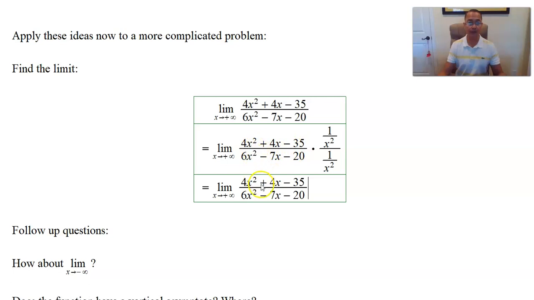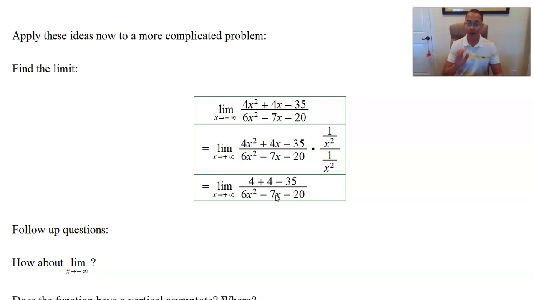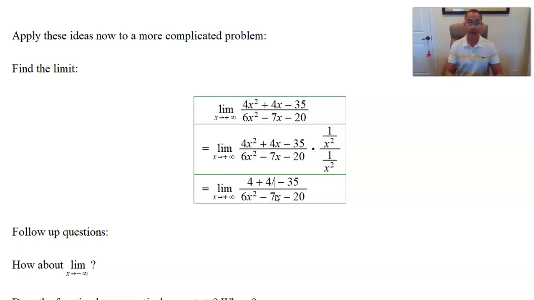So what does that mean? For 4x squared, the x squared completely goes away, except for the 4, of course. For 4x, you get 4 over x. For minus 35, we get minus 35 over x squared.